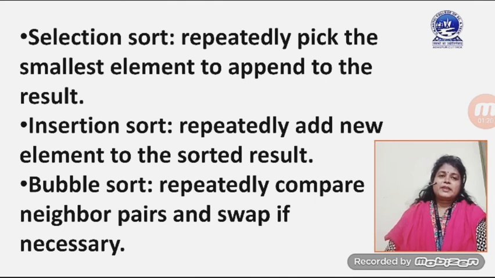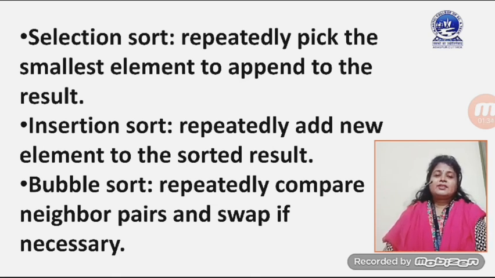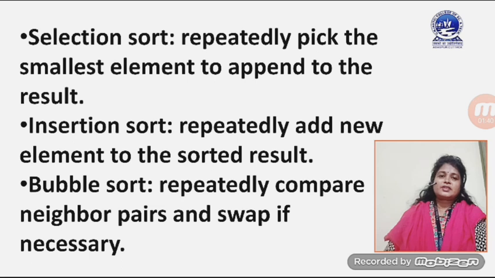Selection sort repeatedly picks the smallest element to append to the result. Insertion sort repeatedly adds a new element to the sorted result, and bubble sort repeatedly compares neighbor pairs and swaps if necessary. In quick sort and merge sort, recursion and the divide and conquer approach are used, and if an approach is based on recursion, then it is much faster. The drawback or limitation of recursion is that it requires much more memory in comparison to the general approach.